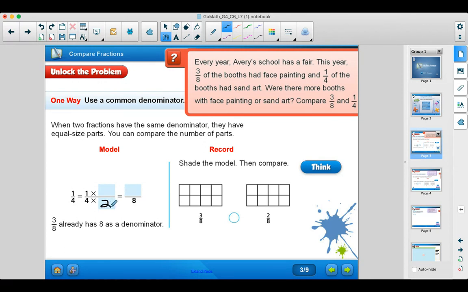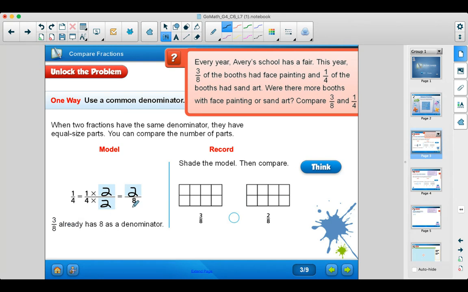And we know when we are changing fractions, whatever we do to the numerator or the denominator, we have to do also to the opposite. So 4 times 2 is 8. So 1 times 2 is 2. Okay, so now we know 1/4 is equivalent to 2/8, and they both have the same denominator.